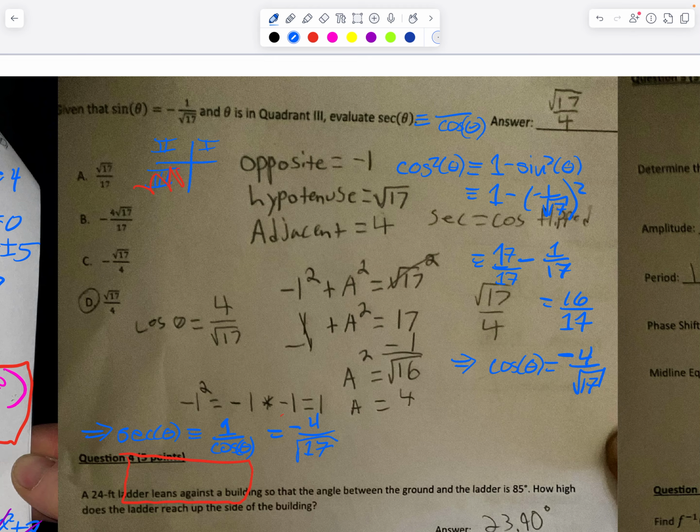Alright. You can multiply this by the number 1 if you want. They call this rationalizing the denominator. They don't like an irrational number on the bottom for no reason at all. Okay, this is just multiplying by the number 1, so it's still equal. What that does is it gets rid of that square root off the bottom.